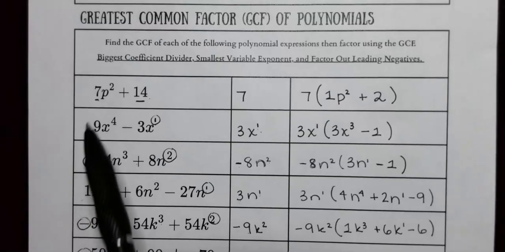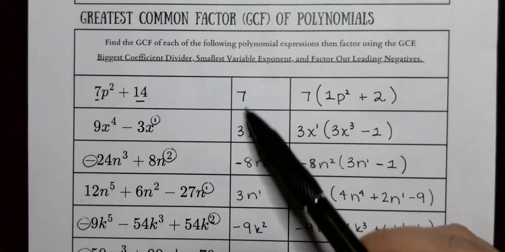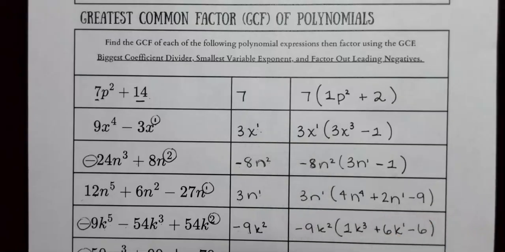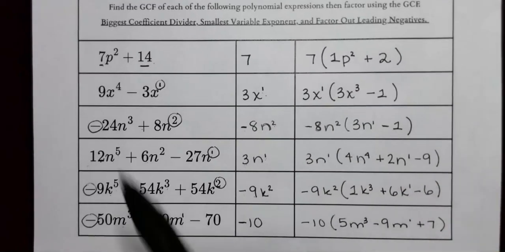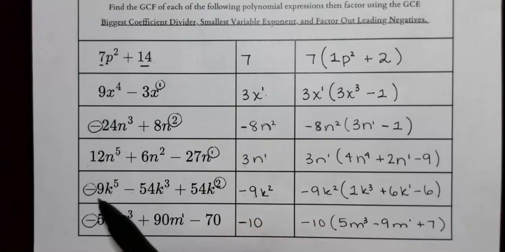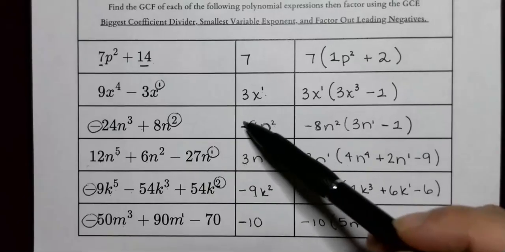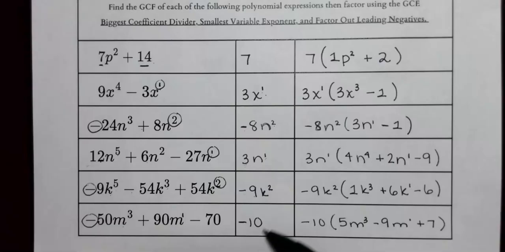I'm just going to point out that because these two numbers were positive, the GCF was also a positive number. If you look at the ones that are negative here, we have a negative 24 in the front, a negative 9 and a negative 50. Notice that their GCF was a negative number. So you find the GCF the same way, you just drag that negative along as part of your GCF.